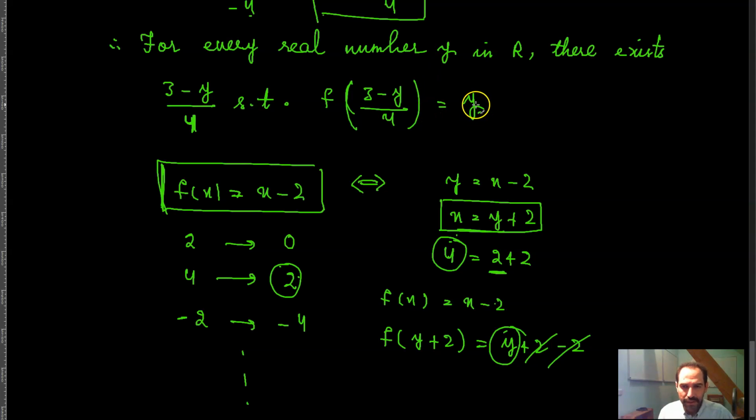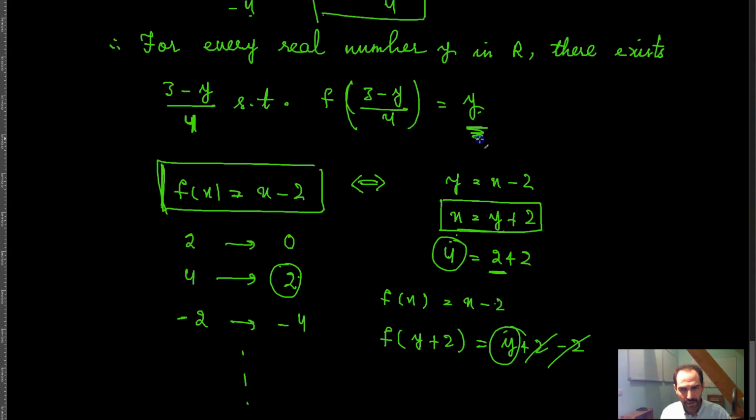And what that means here is we are saying that for every real number y in R, there exists 3 minus y divided by 4, such that f of 3 minus y divided by 4 is equal to y.